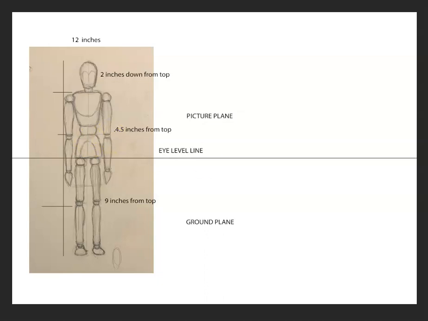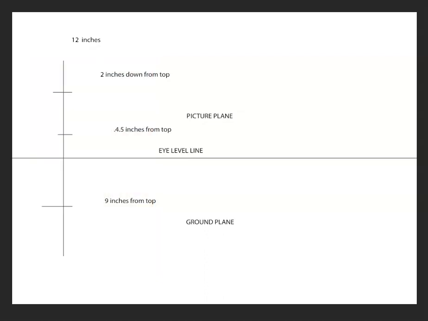What I'm going to do now is turn off some of these images so I'm not being distracted by them. Turn off the mannequin and all of the text boxes that show the sizes of things, etc. What we want to work with now are these marks that we've made, and we're also going to place what's called a vanishing point on the eye level line.